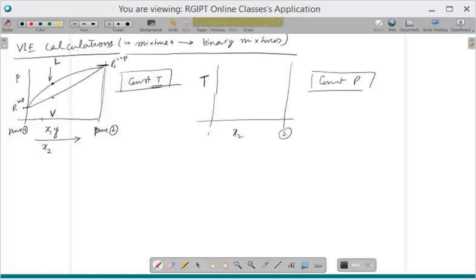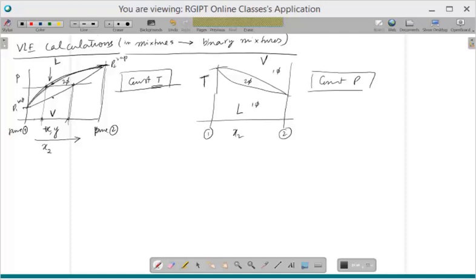Again, this is pure 2, this is pure 1, and it might look like this. Here the low temperature phase is liquid, the high temperature phase is vapor. These are one phase regions, and this is my two phase region. At this pressure your liquid and vapor will be formed having these compositions.